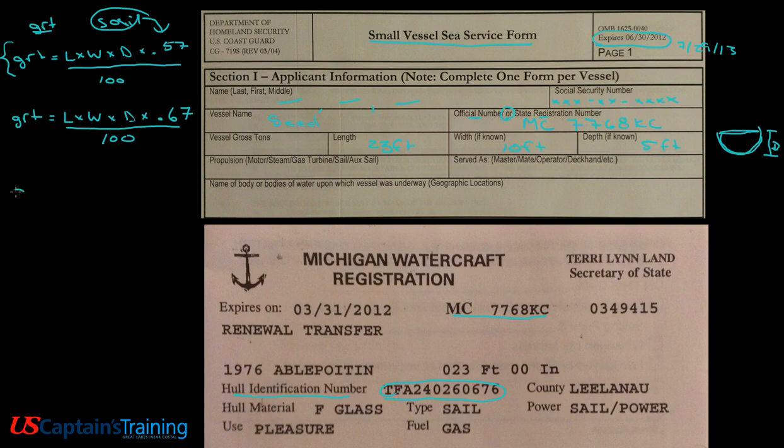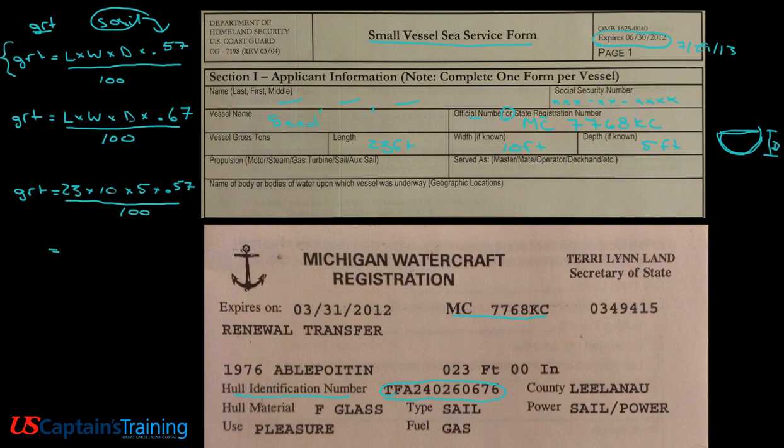GRT equals the length, which is 23, times 10. So 23 is the length, 10 is the width, 5 is the depth. So 23 times 10 times 5 times the number for a sailing vessel, 0.57, all divided by 100.